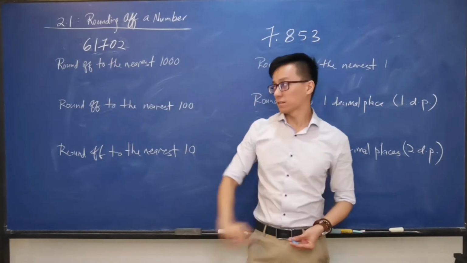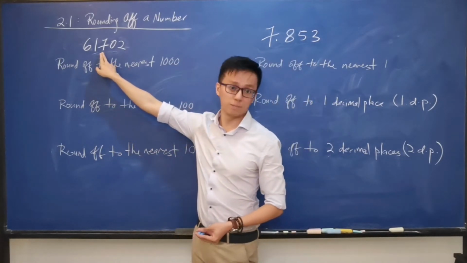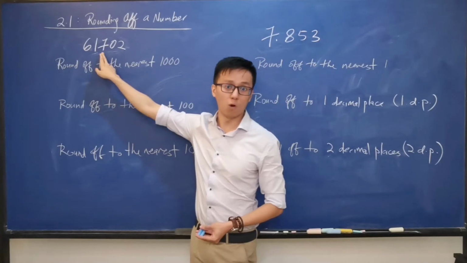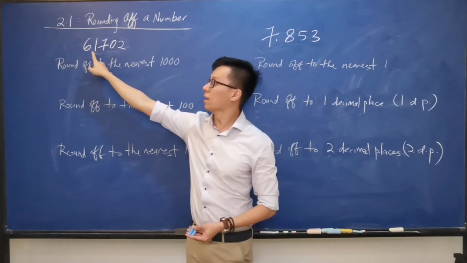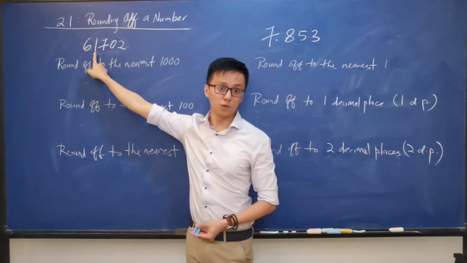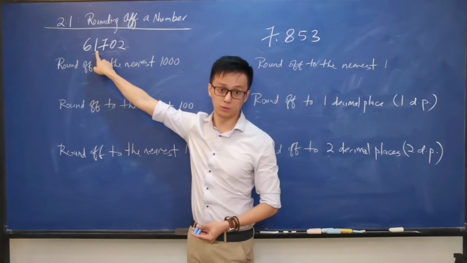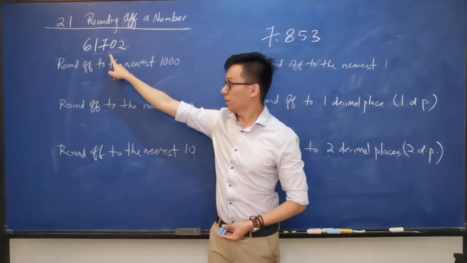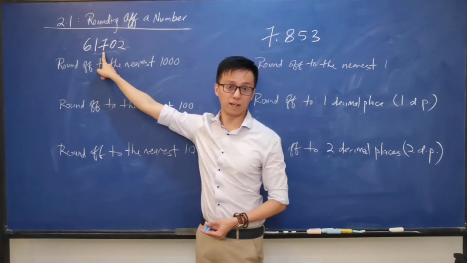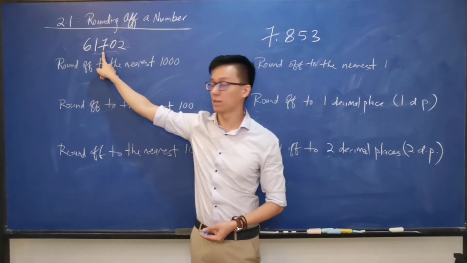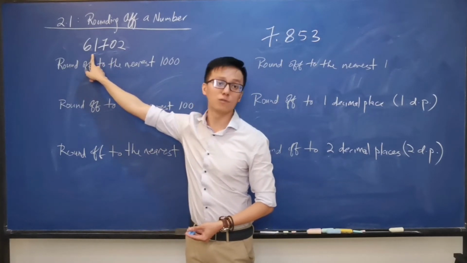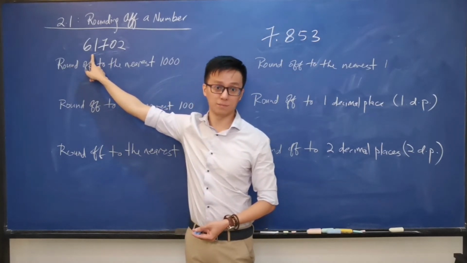If the digit in the 100 place is more than 5 or equal to 5, this digit 1 will turn to 2. We will add 1 to it. If the digit at the 100 place is less than 5, this digit will remain the same.